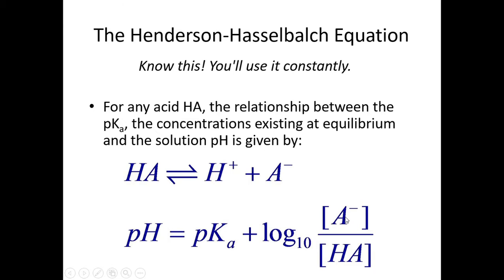So what does that mean? We have 1 divided by 1, and if we take the log of that, it is, I hope you know, 0. So when these concentrations are equal, this part of the relationship falls out of the equation, and the pH equals the pKa.